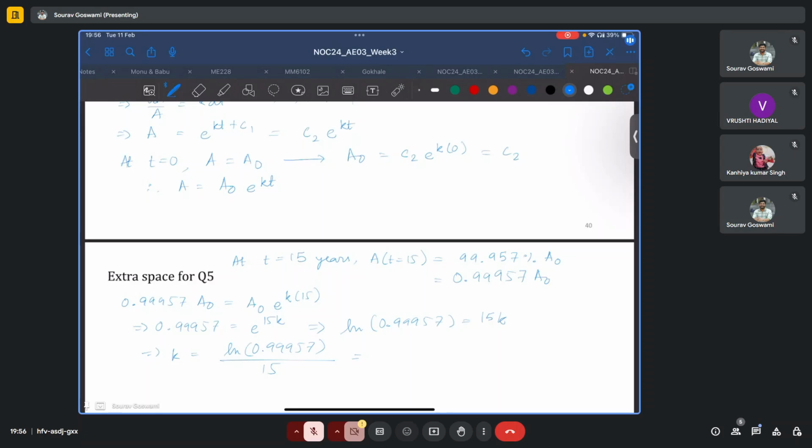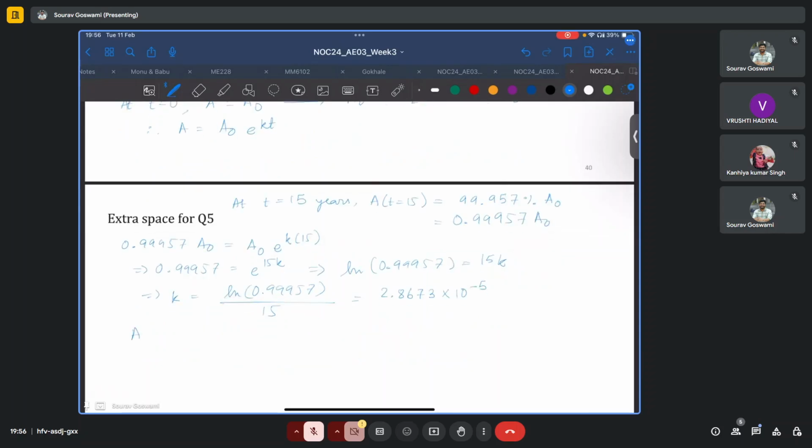So this will come out to be something like 2.8673 into 10 power minus 5. And so if we put the value of k, we have A equals A naught times e power 2.8673 into 10 to the power minus 5 t.